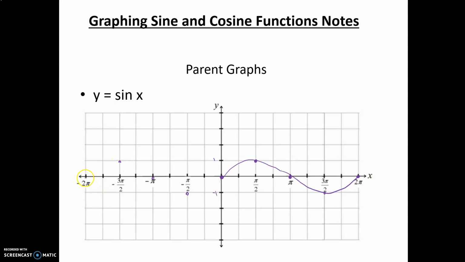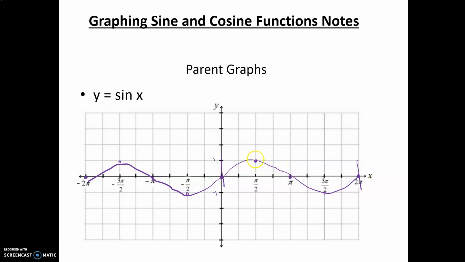And negative 2 pi is 0. So you'll notice it still keeps that same wave-like motion. But really, I want you to hone in on that 0 to 2 pi, because that is considered a period. So a period of this function is from 0 to 2 pi.